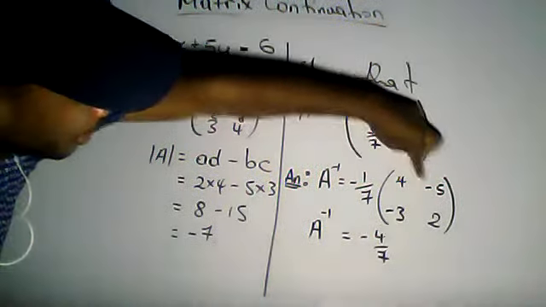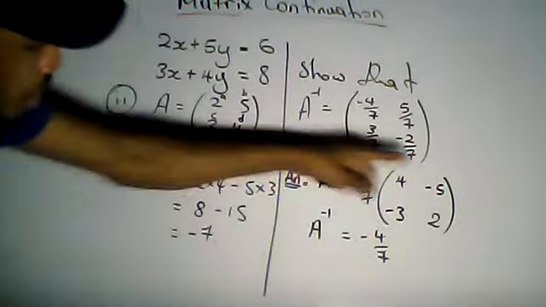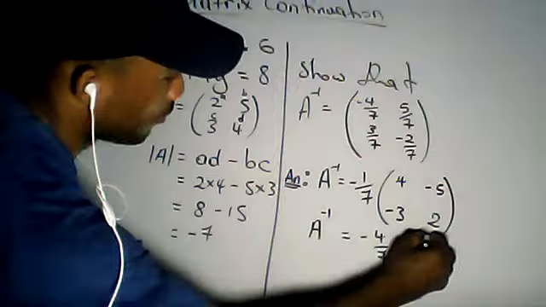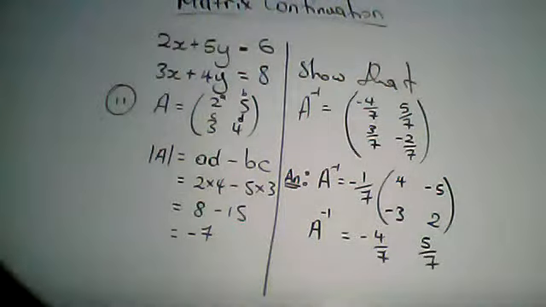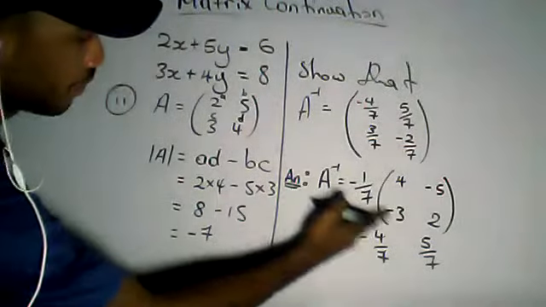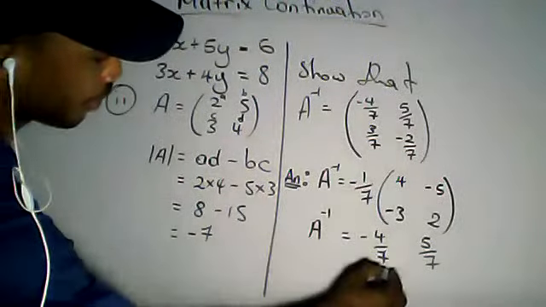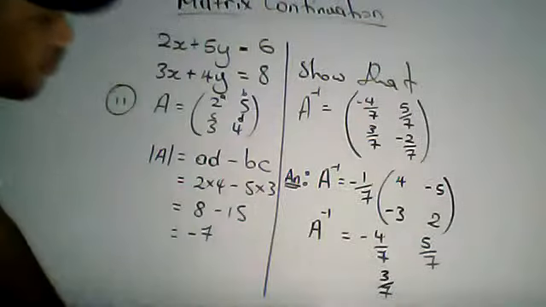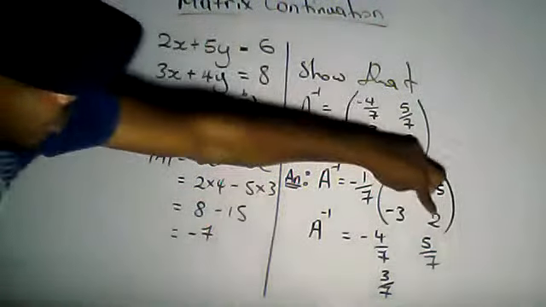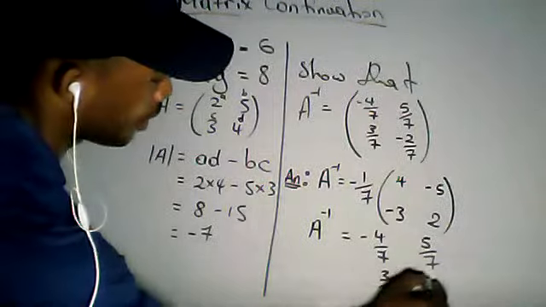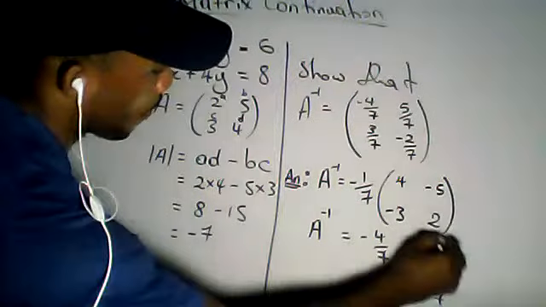Right here, negative times negative gives me positive. 1 times 5 gives me 5 over 7. Then here, negative times negative is positive, so I'm going to have 3 over 7. Right here, 1 times 2 is 2, so we're going to have negative 2 over 7.